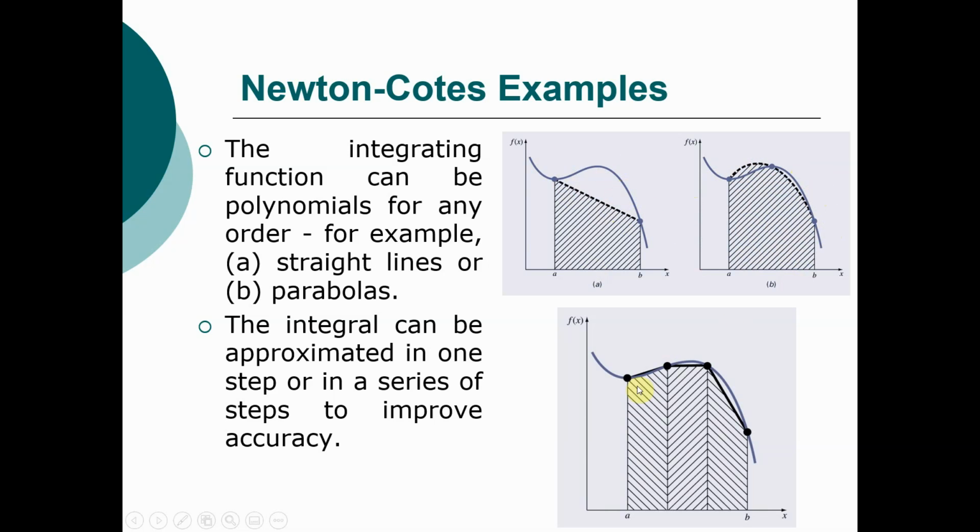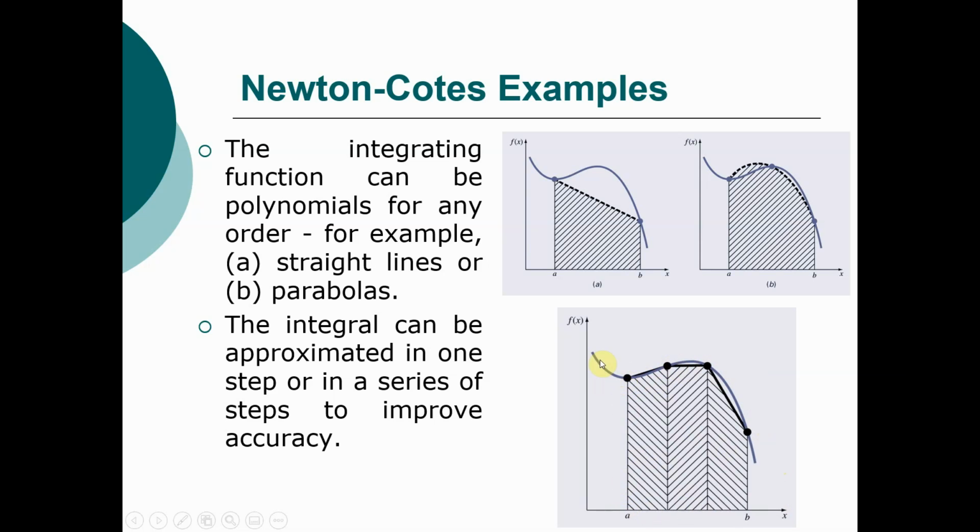Another way of doing it is using piecewise approximation, or applying composite rules. So basically decomposing our interval into smaller intervals, and in this case we connect the two end points of each interval with a straight line.